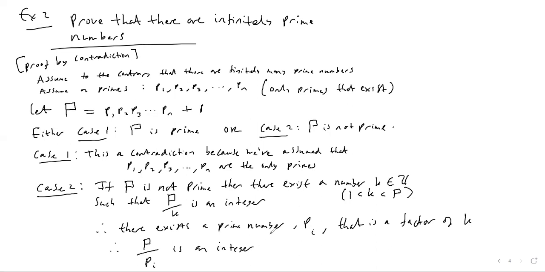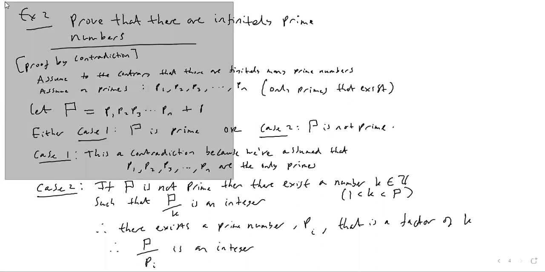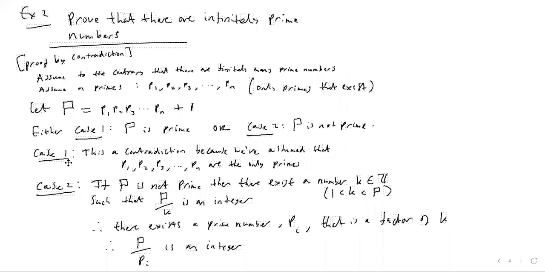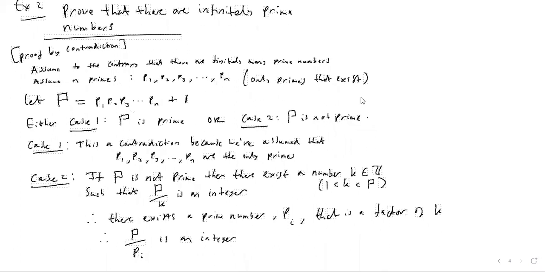So this is where the contradiction is going to come into play. We know that must be an integer if our assumption is true. I'm just going to move this across here. So we've got P is equal to the product of all our prime numbers plus 1.